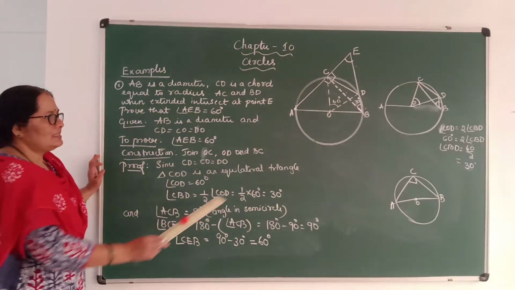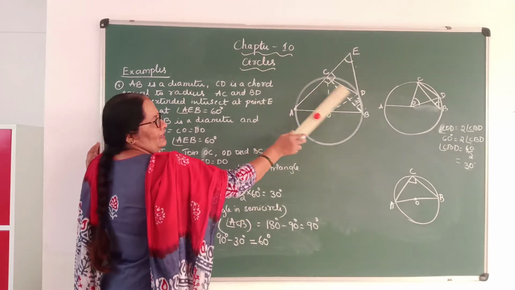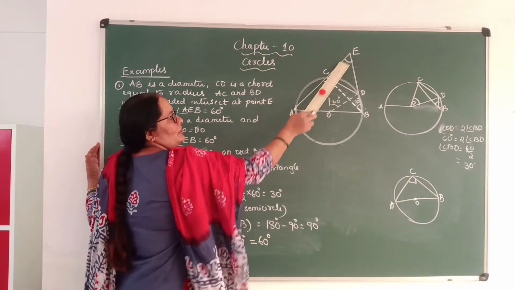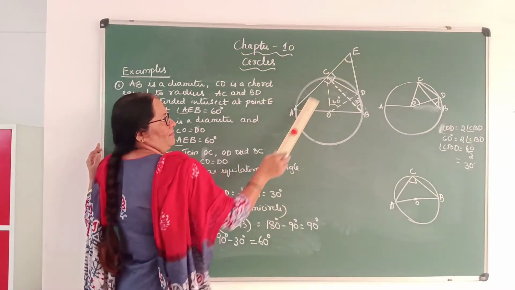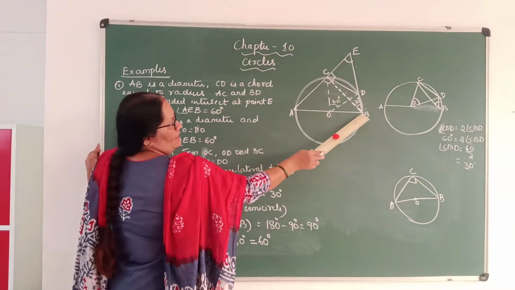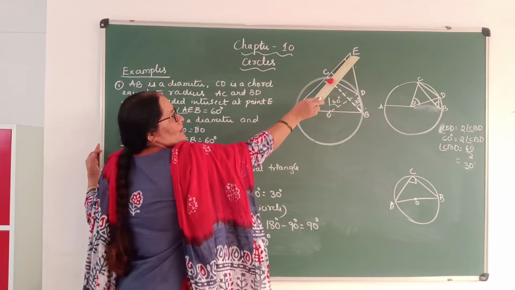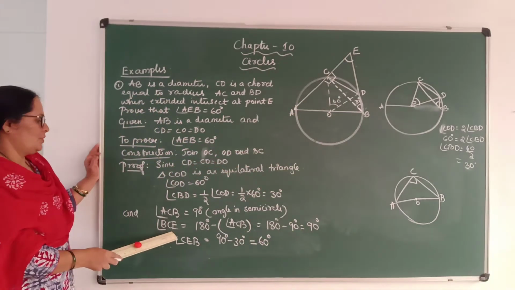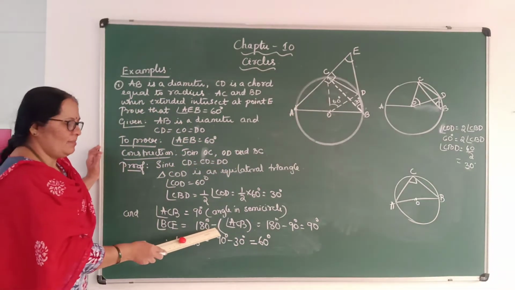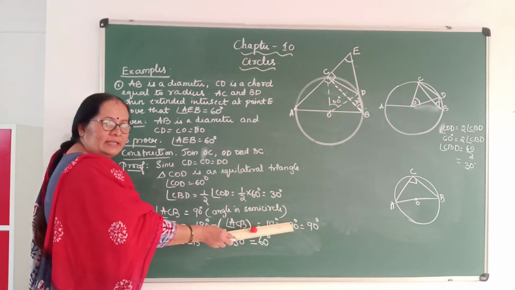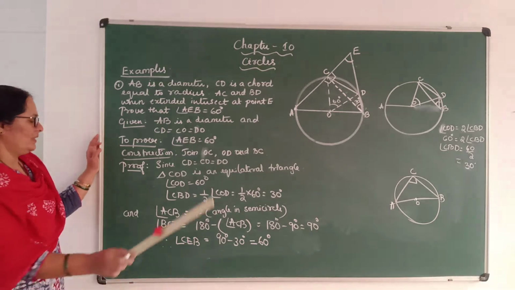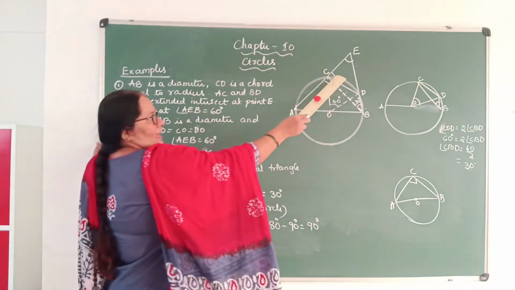Now, angle ACB is 90 degrees, then angle BCE is also 90 degrees, because AC is a straight line where angle ACB is 90. So angle BCE equals 180 minus angle ACB, that is 180 minus 90, which is 90 degrees.